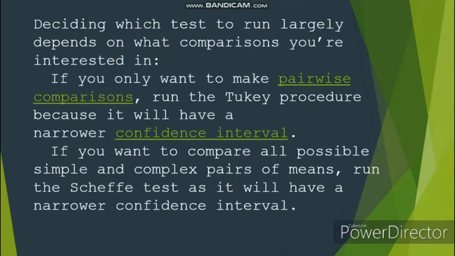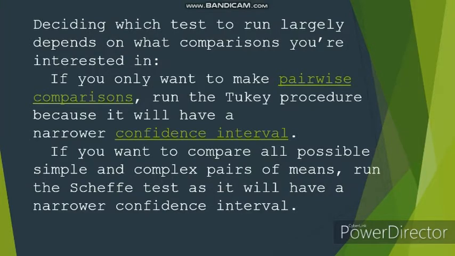Deciding which test to run largely depends on what comparisons you're interested in. If you only want to make pairwise comparisons, run the Tukey procedure because it will have a narrower confidence interval. If you want to compare all possible simple and complex pairs of means, run the Scheffé test as it will have a narrower confidence interval.